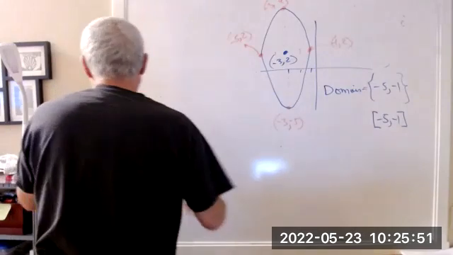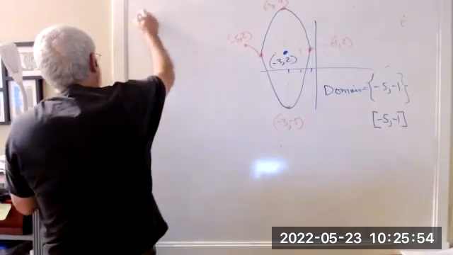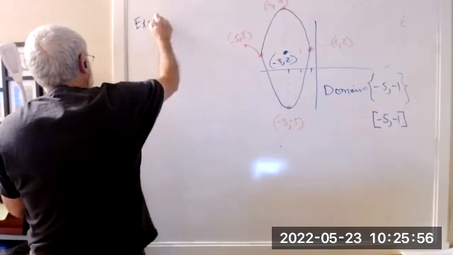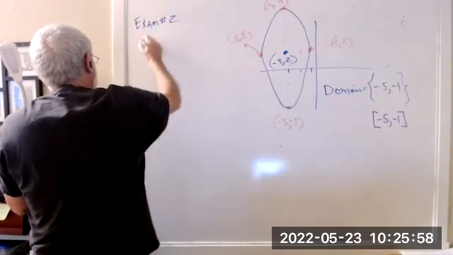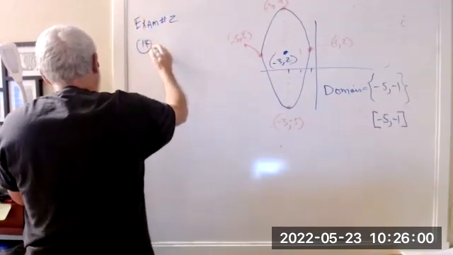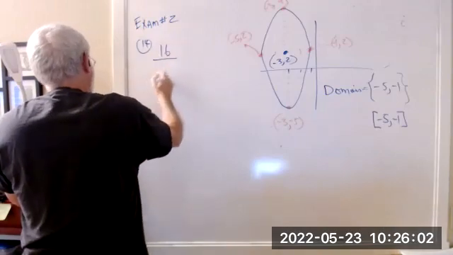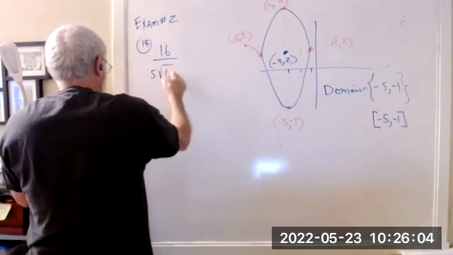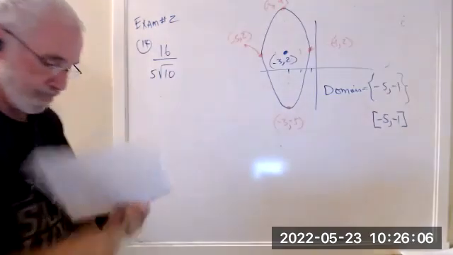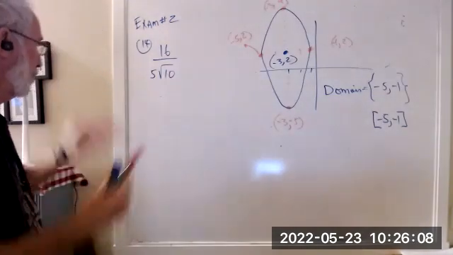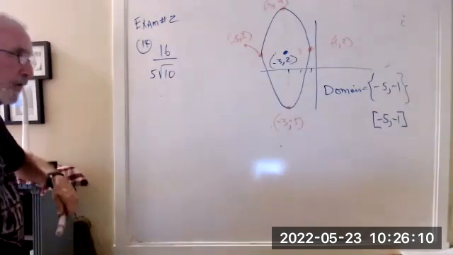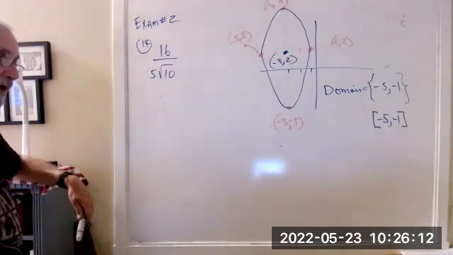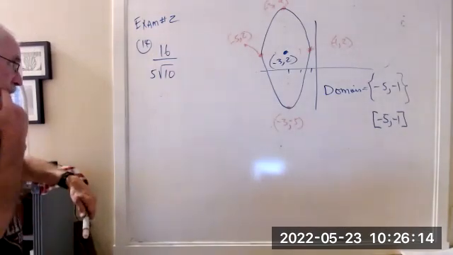So exam 2, number 14, we have 16 over 5 times the square root of 10. Okay. Well, what's wrong with it? Why do we have to simplify it? That's what the directions say. You cannot have a root on the bottom.